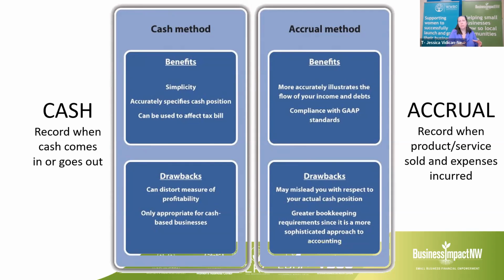Whereas with the cash basis, you really only run those reports when it comes to tax time, because you don't want to be taxed on sales that haven't actually come in yet, that haven't actually been paid. We can talk about that at greater length if you have more questions at the end. But that's the basis. Most of the time, you're going to work with your bookkeeper in the accrual system, and you're going to work with the tax man on the cash system.